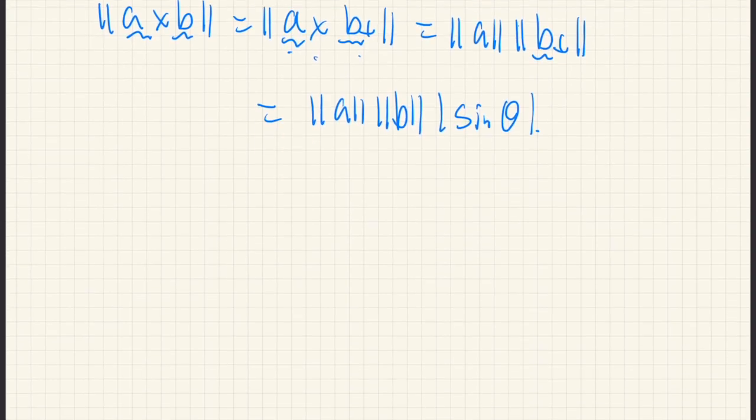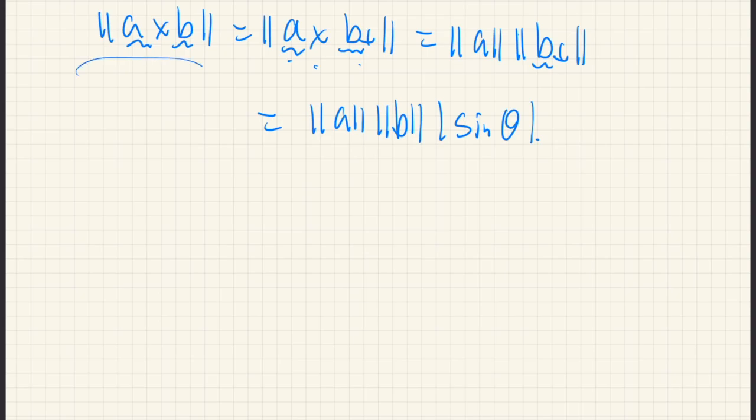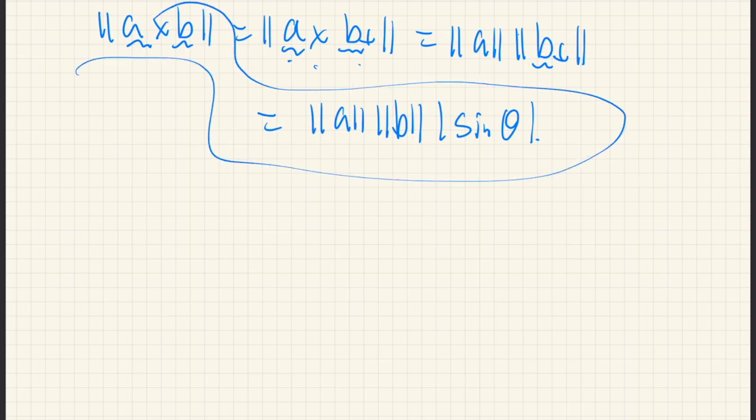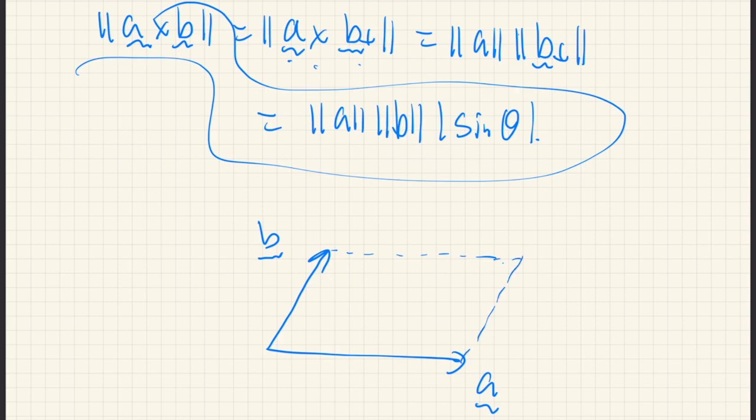Now let's consider the geometric meaning of this relation. If we have two vectors in three-dimensional space, A and B, these two vectors define a parallelogram. Suppose the angle between A and B is theta. What is the area of this parallelogram?